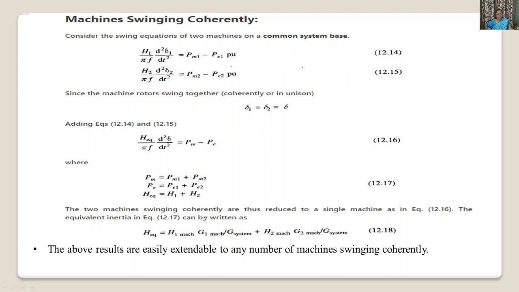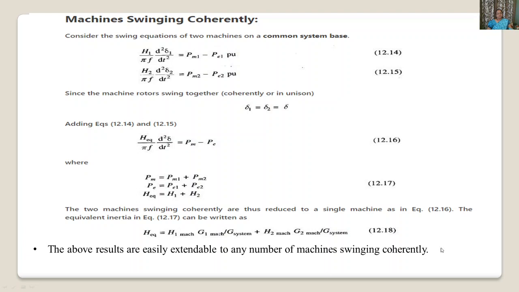The two machines swinging coherently are thus reduced to a single machine, as in equation 12.16. The equivalent inertia in equation 12.17 can be written as H equivalent is equal to H1 machine into G1 machine upon G system plus H2 machine into G2 machine upon G system. The above results are easily extendable to any number of machines swinging coherently.